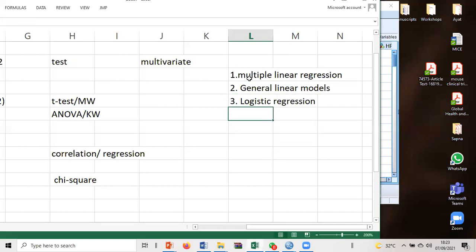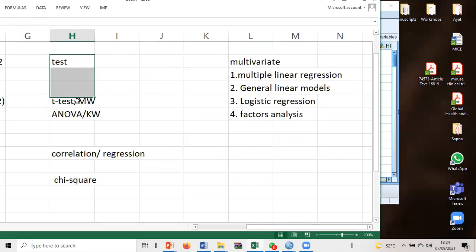And one more will be factor analysis. So these are four things you're going to do. Unfortunately, we can't do partial least squares and structural equation modeling because the software is not available for you. These are the multivariate analysis, all extensions of this in more detail.